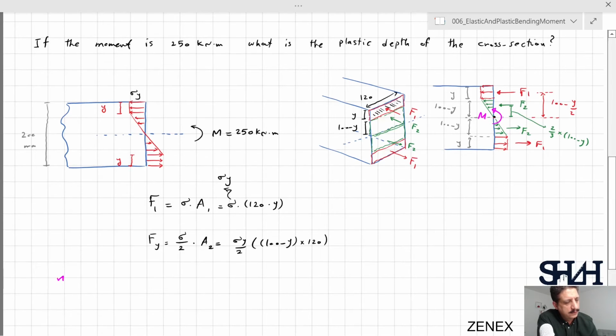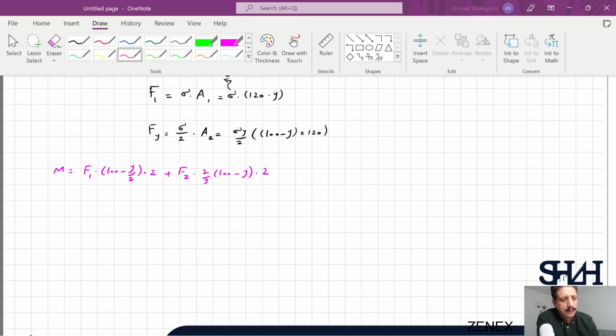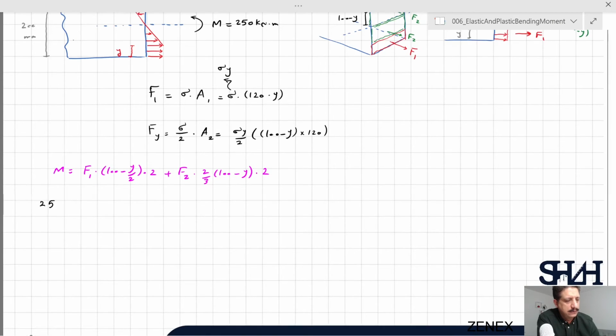So the moment will be F1 times 100 minus y divided by 2 times 2 because we have both sides, plus F2 times 2/3 of 100 minus y times 2 because it's also on 2 sides. Now we can substitute the values that we have. This is 250 times 10 to the power of 6 Newton millimeter.